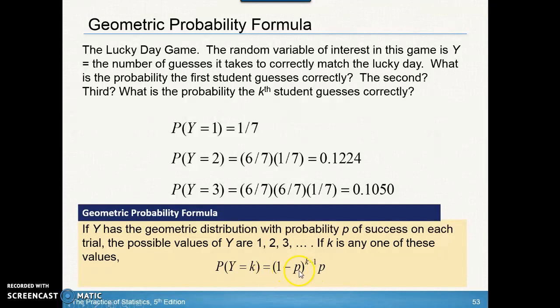This is your probability of failure, to the power of how many failures you want, times your probability of success. And notice you're only getting a success one time, because you're getting one success on the 10th trial. So if you want the probability that y is equal to 10, that would be your probability of failure to the 9th, because I want 9 failures, times your probability of success, which is on your 10th trial.